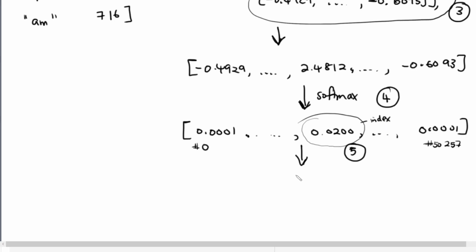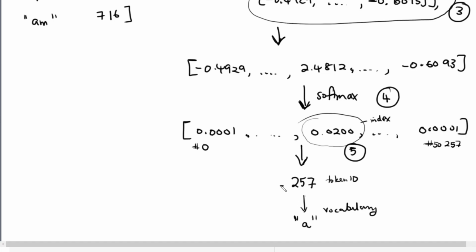Maybe the index is 257. Because of how our vocabulary is done, we know that this is the token ID with the highest probability, so we can just go to the vocabulary and grab what that ID represents, which is A. That's it. Now we've extracted the next word to be predicted.